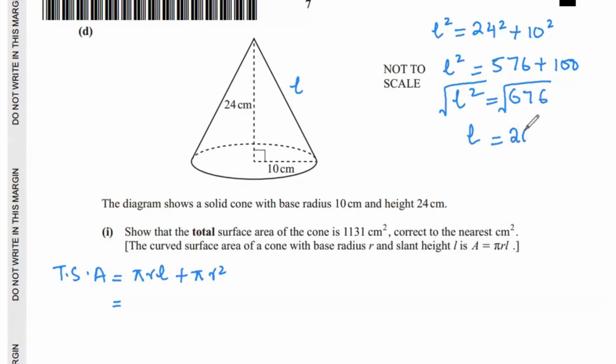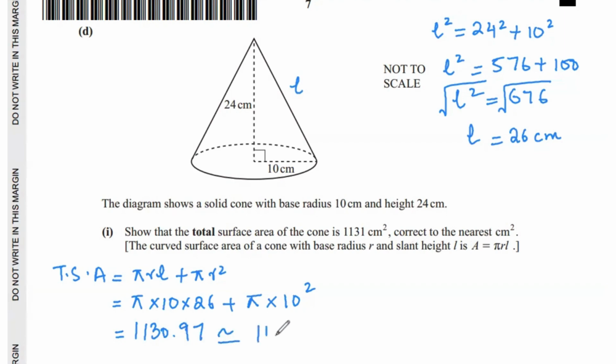That's 26 centimeters. So pi times 10 times 26 plus pi times 10 squared. And that's going to give us 1130.97. Correct to the nearest centimeter squared is going to be 1131 centimeters squared. It's exactly what the question was asking us to prove.